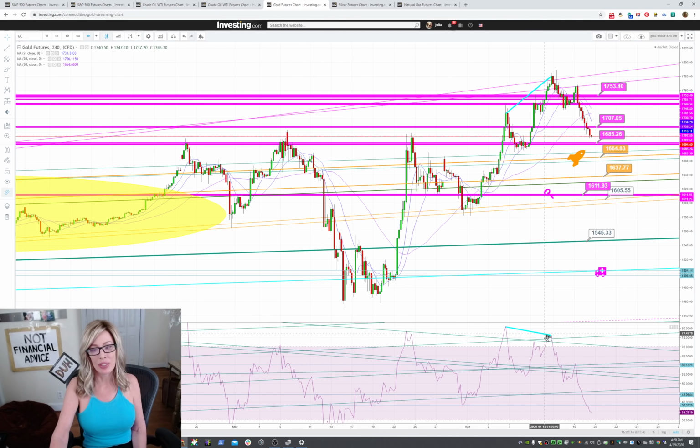I said it had some divergence. Let me go ahead and draw that in there because that's what I was talking about then. Oops, live charting, y'all. I was talking about this divergence here, and I said it may have already played out when I went down here.